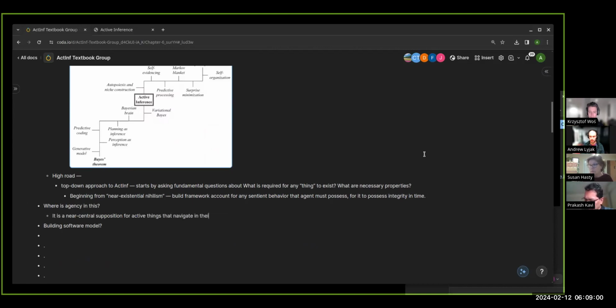So in other words, agency is a kind of synonym for goal-directed behavior. It can obviously be argued whether agency really equates to goal-directed behavior, but that's basically, as far as I understand, the meaning of agency in active inference literature, or at least in the majority of active inference literature.